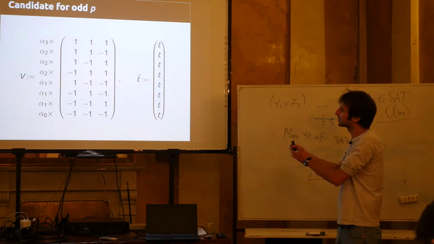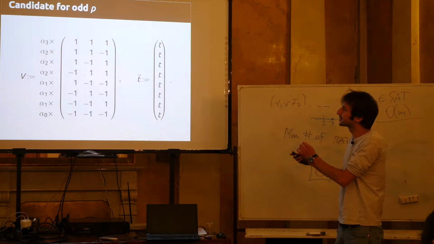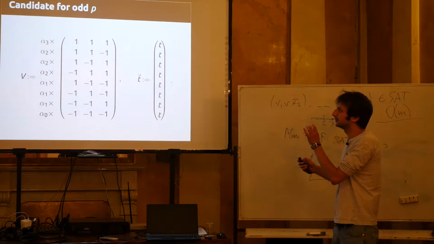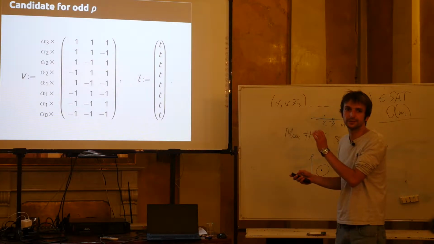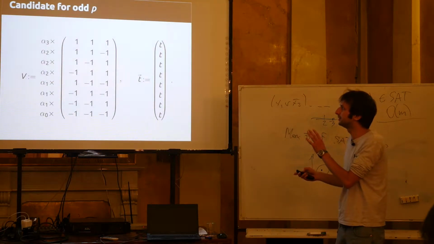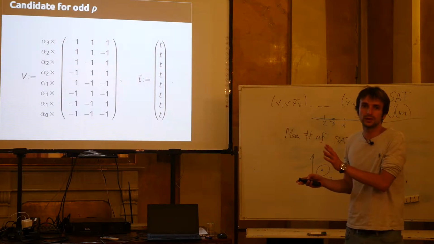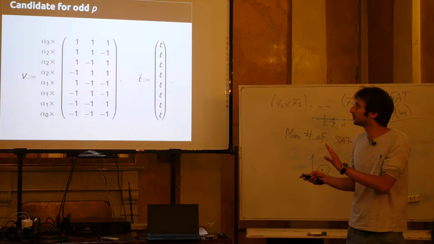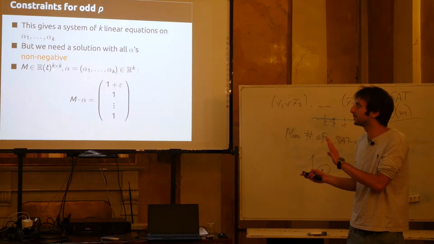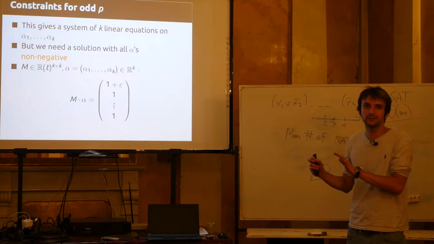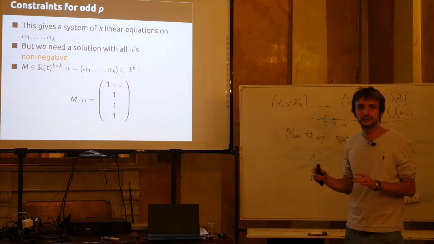And then due to symmetry, you can be talking just about assignments which satisfy exactly some number of literals in a clause. Due to this symmetry, you are just left with k equations. So in short, we restrict ourselves to this case because in this case M is reasonable. This system of equations is something that we can handle.